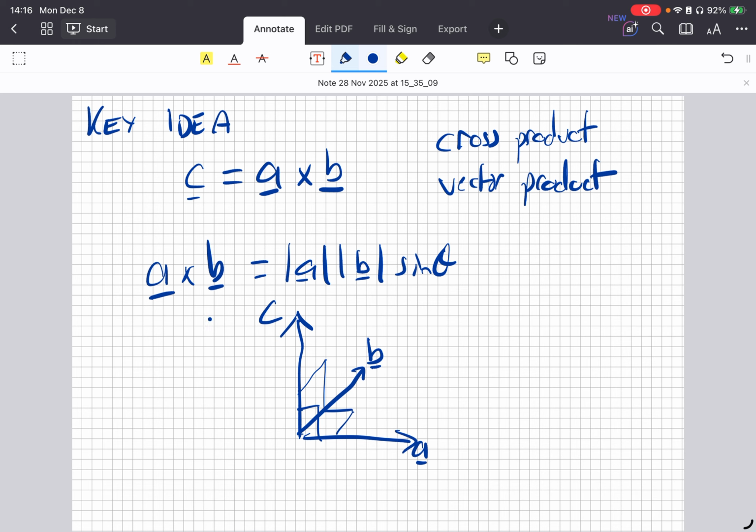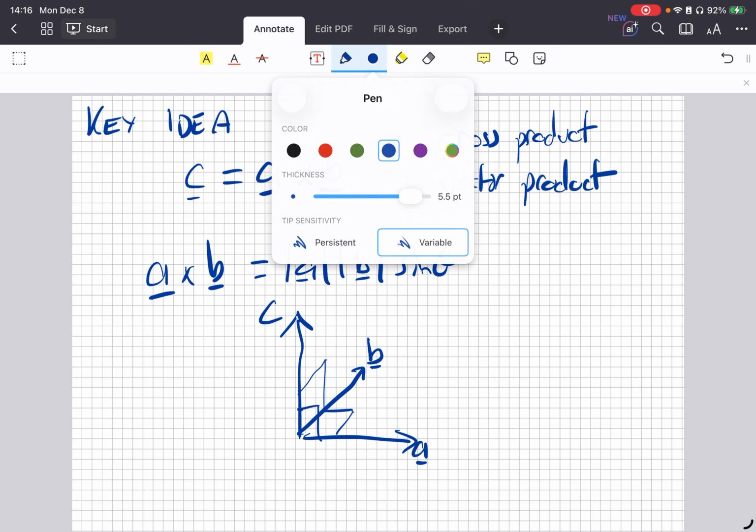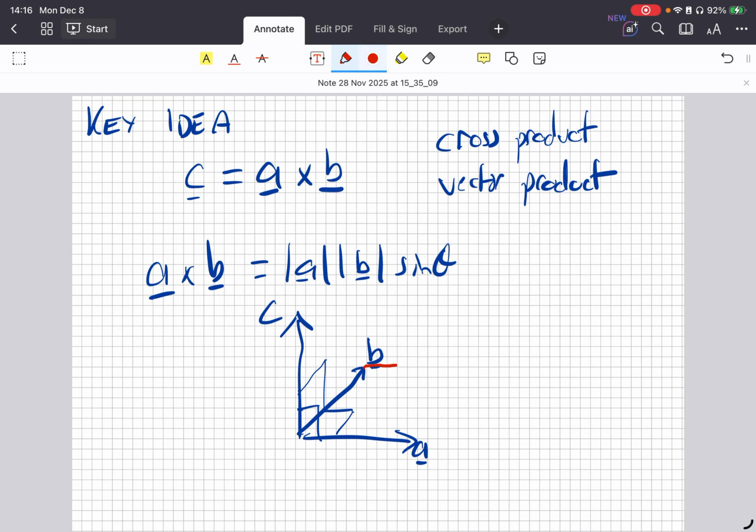So the magnitude of this vector C, the cross product between A and B, will just be equal to the magnitude of A times the magnitude of B. And as it turns out, that's just the area of this square. I know it looks like a parallelogram, but that's because we're trying to draw 3 dimensions on this 2-dimensional page. So the area of this square defined by A and B determines the size of this vector C.